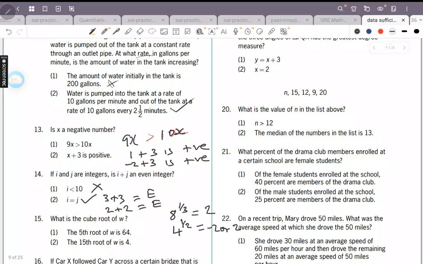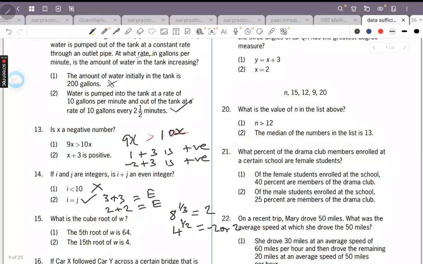Generally, if the root is odd, that is the cube root, the fifth root, like the fifth root of 32 is 2, we have a specific value. If the root is an even number, we have plus or minus. Because the fifth root of W is 64, that means we can solve it. It means we have a specific value.